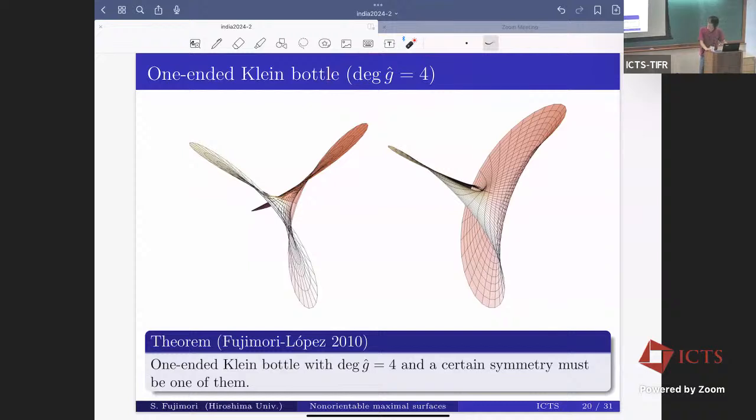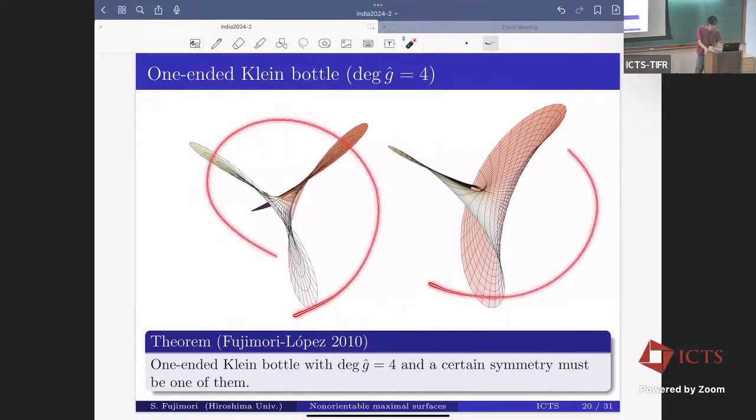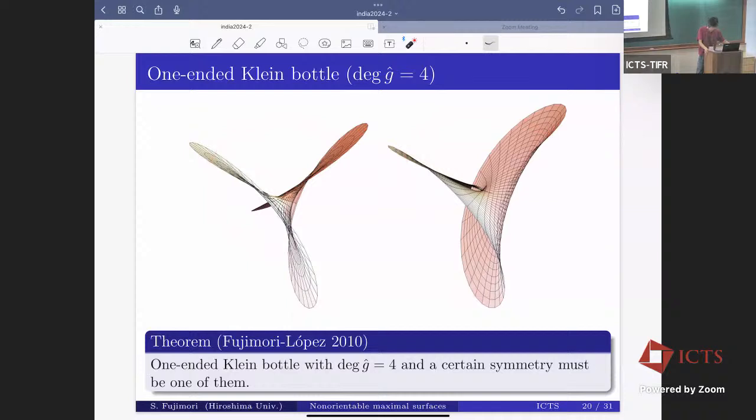But in this case, we could prove that for the one-ended Klein bottle, we have two Klein bottles. So this one is this one. So two different Klein bottles. And after assuming a certain symmetry, we can show that the maximal one-ended Klein bottle with degree G equal to 4 must be one of these. So we have only two solutions.